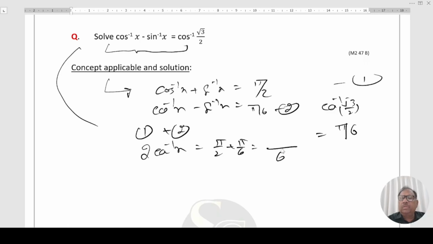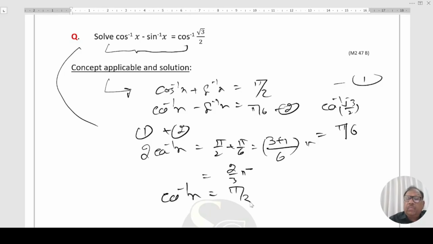On simplification, this comes out to 3 plus 1 over 6, which is 4 by 6, that is 2 by 3 pi. So cos inverse x comes out to be pi by 3.